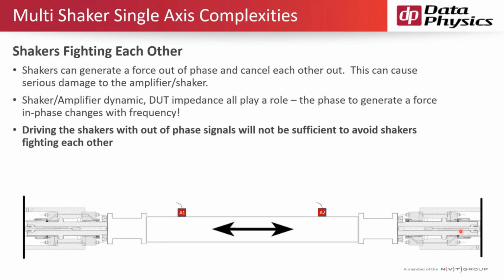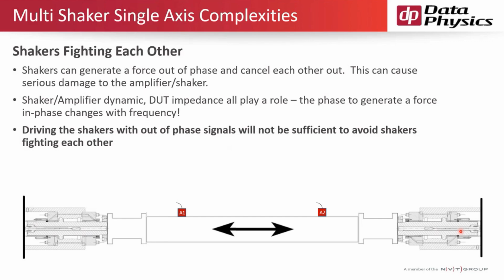And of course, that 45 degrees, that phase offset between the two shakers, changed as we swept in frequency. So that underlying assumption that you can just flip the drive and you'll get equal and opposite forces out of your shakers doesn't really exist in the real world.